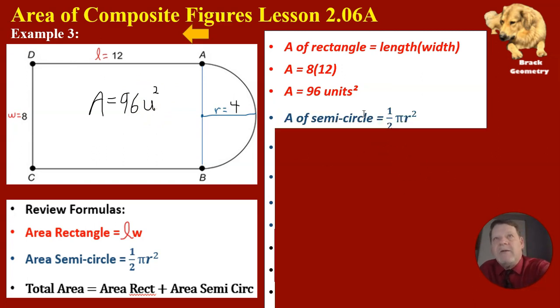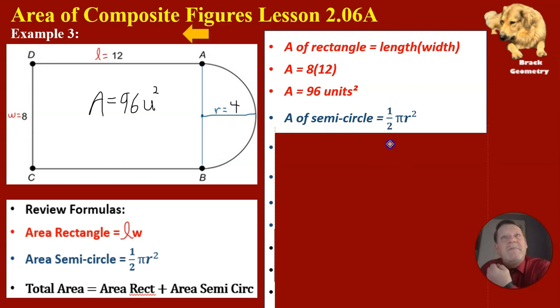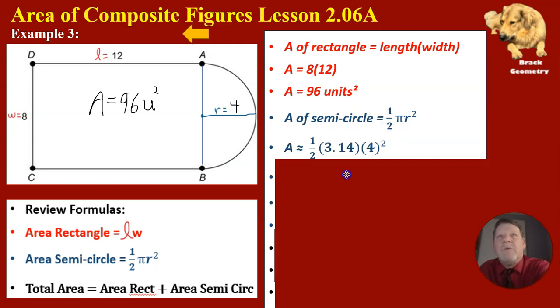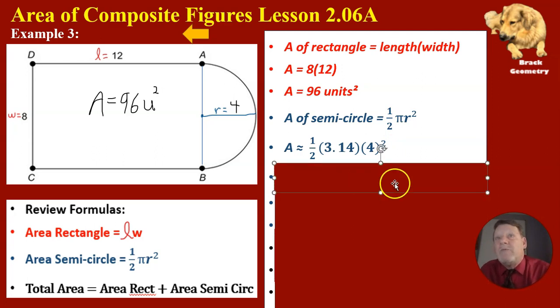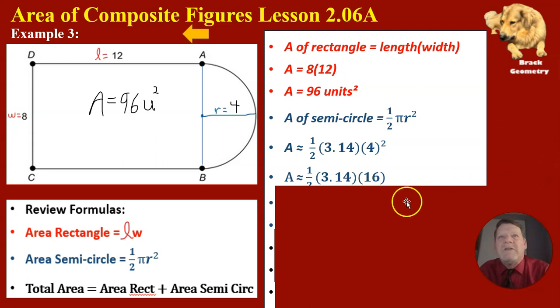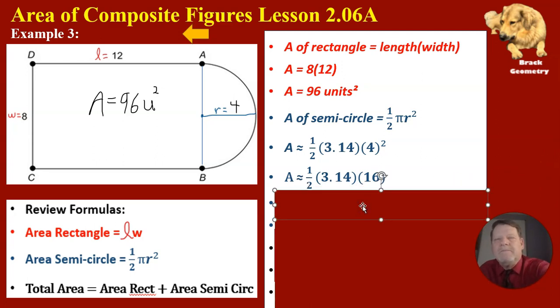Now we have to find the area of the semicircle, which is 1/2 pi r squared. So it's going to be 1/2, and if we use 3.14 for pi, and then 4 squared would be 16. And I put the little curved equal signs, it's called a double tilde. Why?